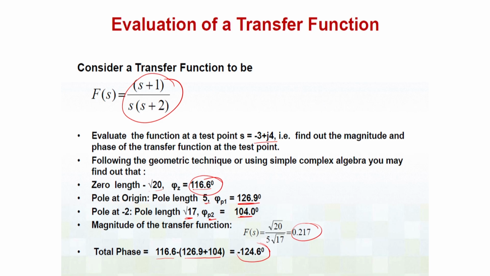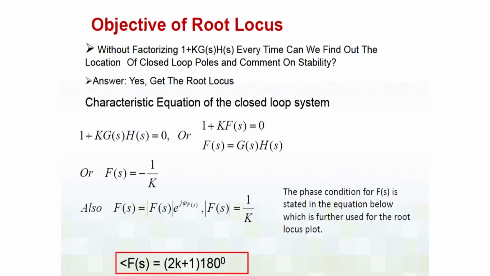Why am I doing it? I will tell you that just by measuring the phase of the system, we can avoid all calculation and computational complexity, and we can say whether a particular point will be part of the root locus or not, and that I am going to reveal to you in the next slide.